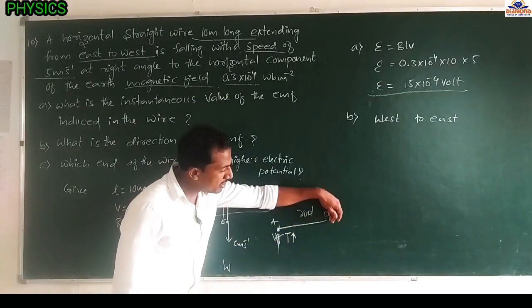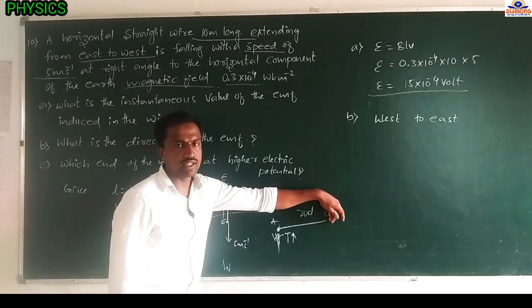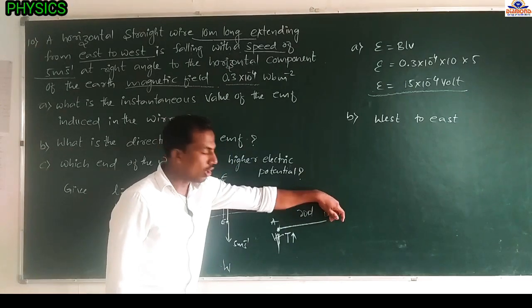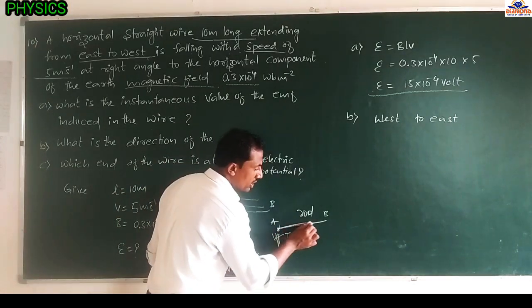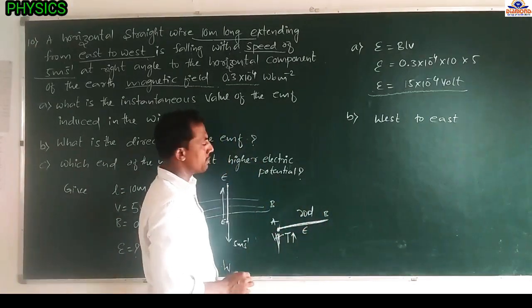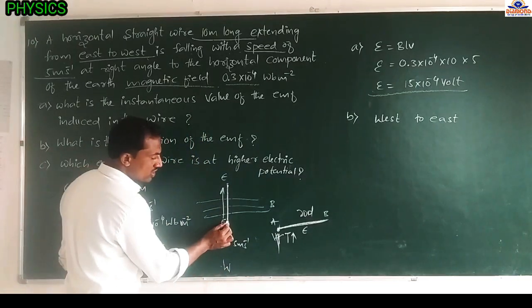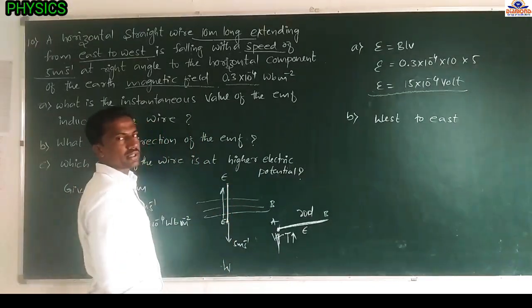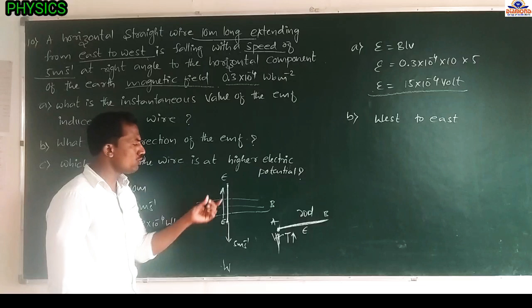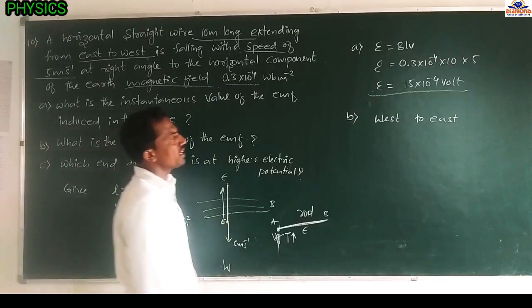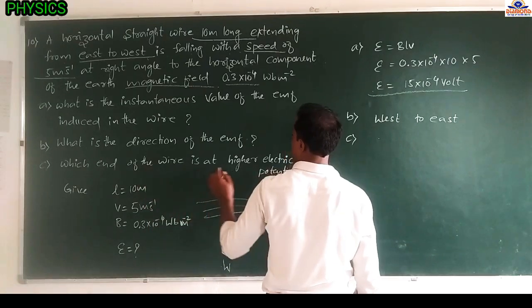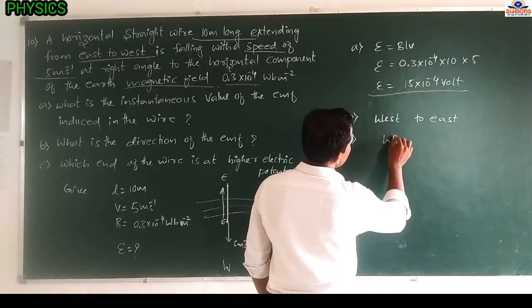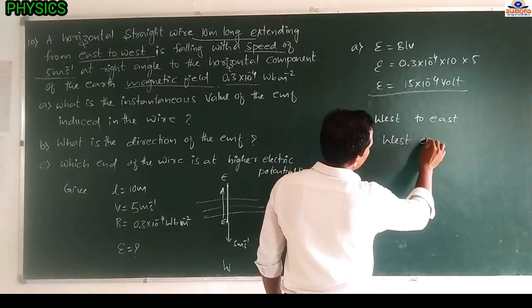After 5 minutes, if we touch the other end, it feels hot. That means energy is transferred from higher temperature to lower temperature. In the same way, potential is transferred from higher voltage to lower potential. So the higher potential is at the west end.